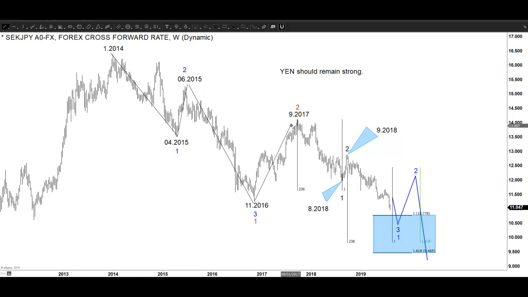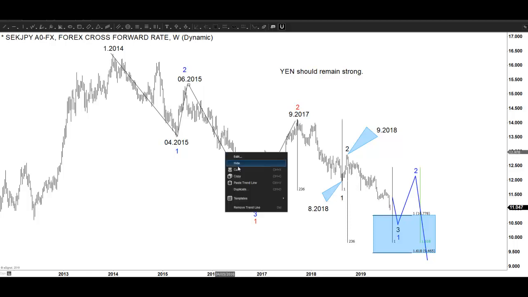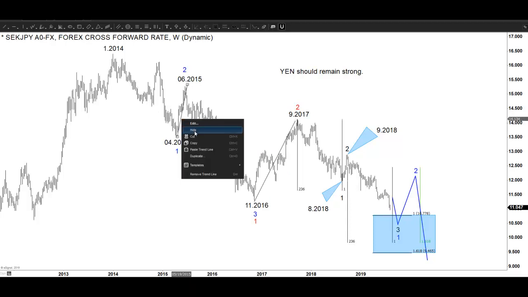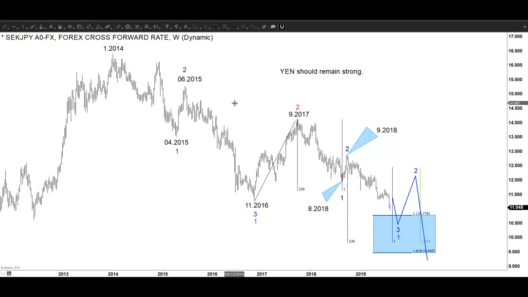Then the market reacted in 3 ways also, and took the lows of 2016. So the bearish yen, in other words the traders that buy the yen crosses betting on a weak yen, fell the moment that the SEKJPY took the lows of November 2016.